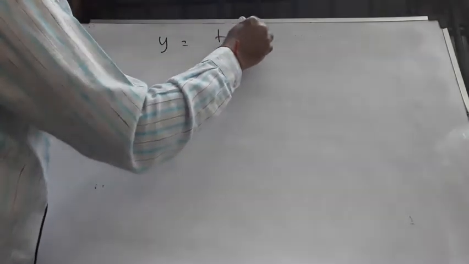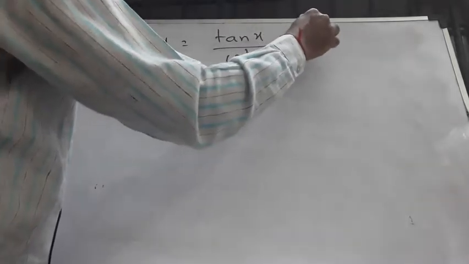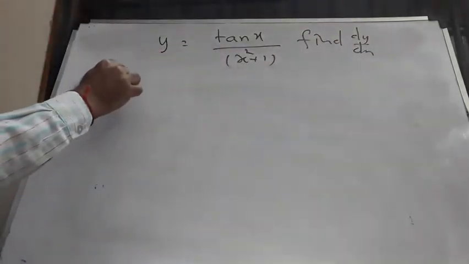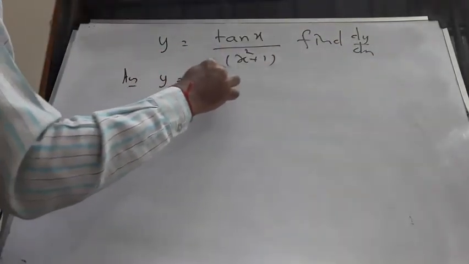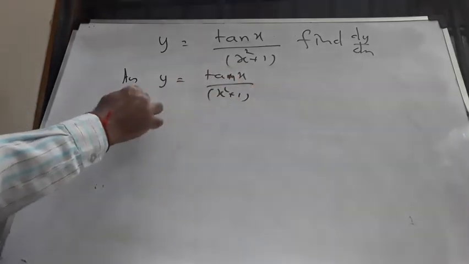Okay. Then let us say y is equal to tan x divided by x square plus 1. Find dy by dx. Answer: y is equal to tan x divided by x square plus 1.